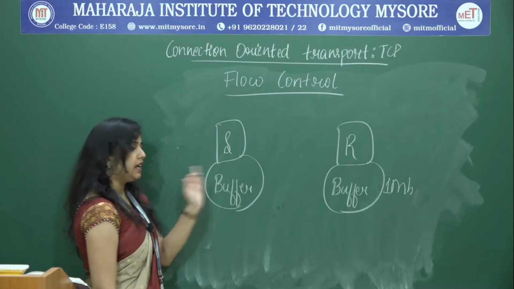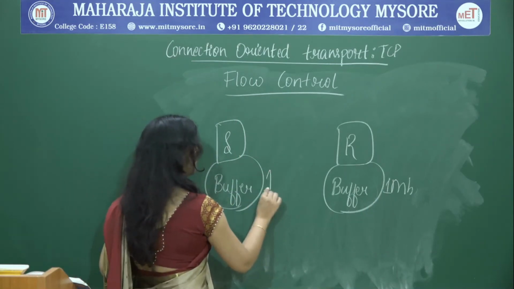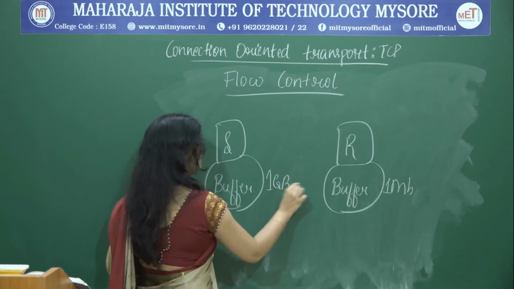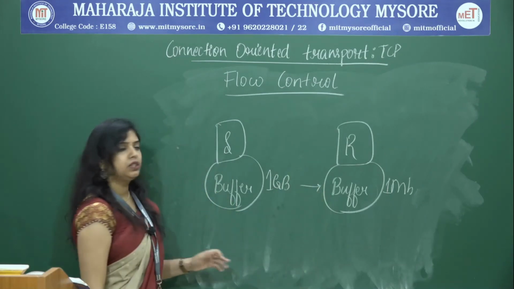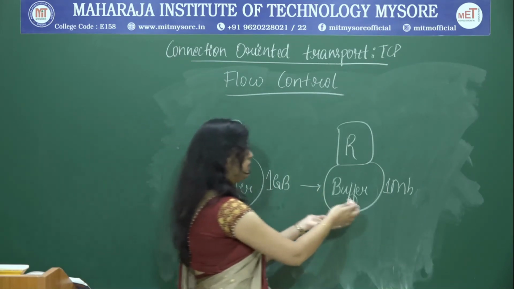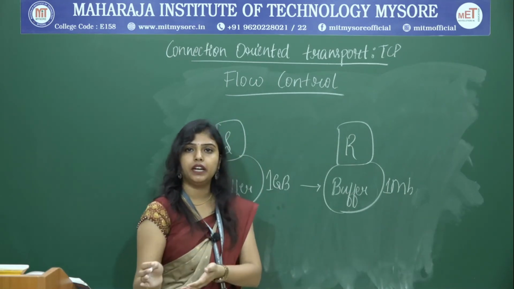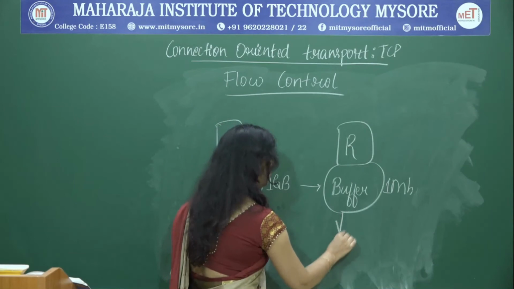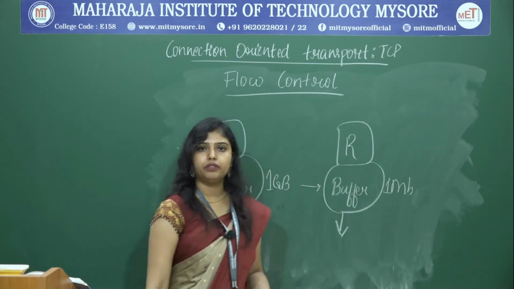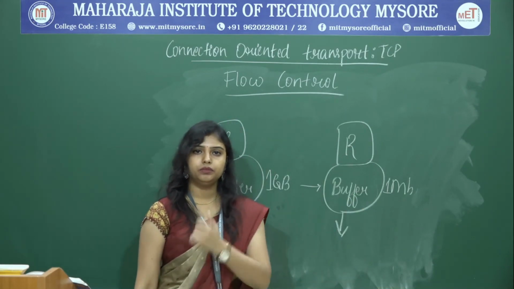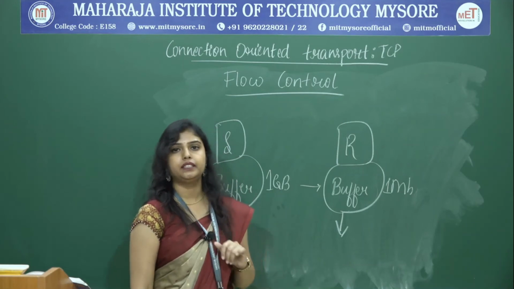If the sender has sent 1 GB of data to the receiver and the buffer is able to hold only 1 MB, what happens to the rest of the data? It will be dropped, it will be overflowed, there will be a loss of data, isn't it?